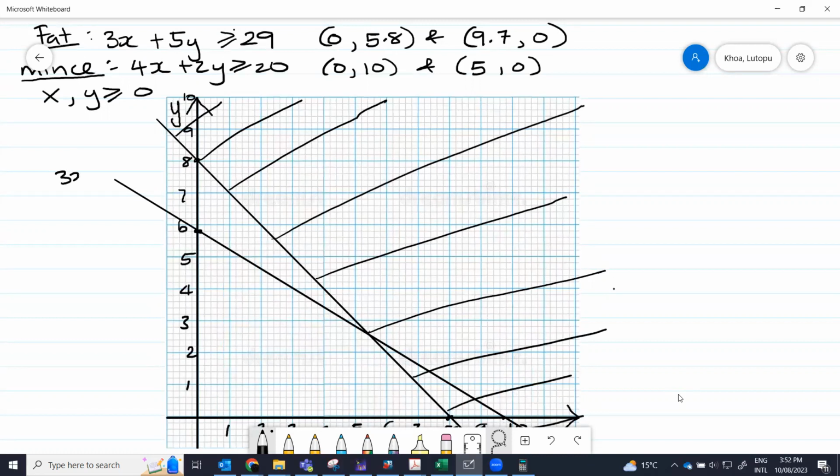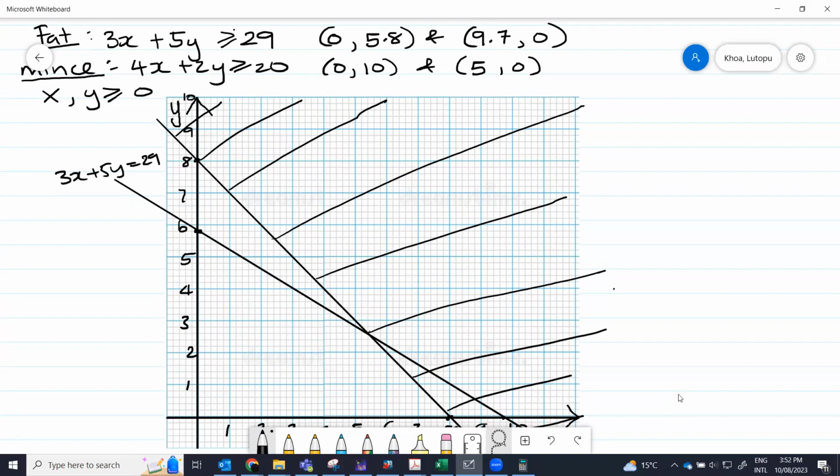This is 3x plus 5y is equal to 29. So you pick a point, let's say the origin, substitute 0, 0. You want this to be greater than or equal to 29.